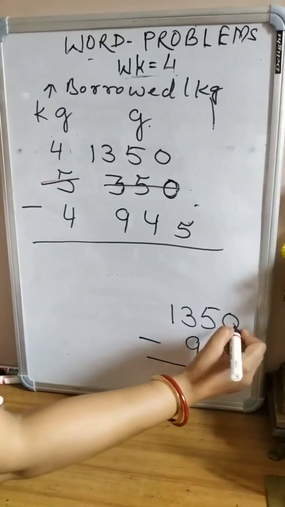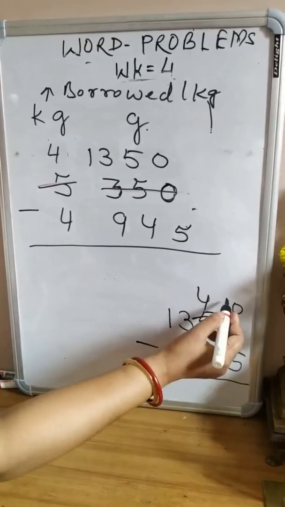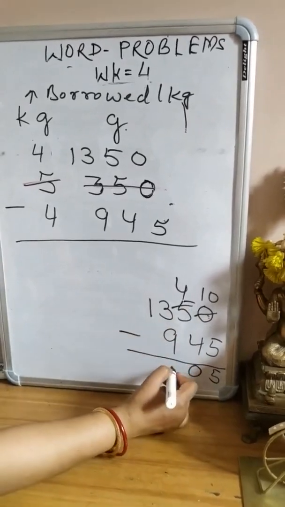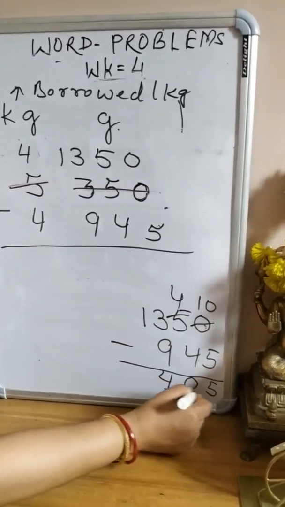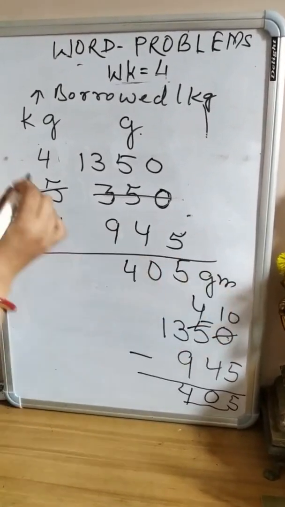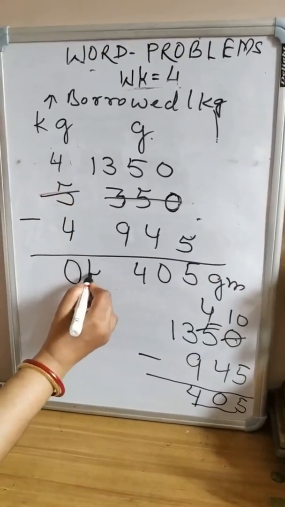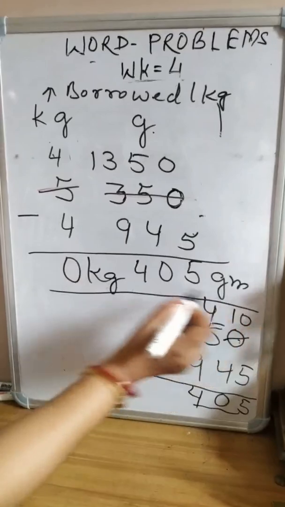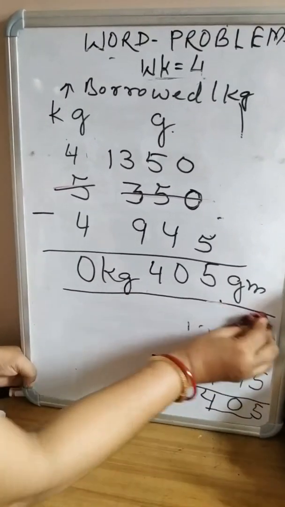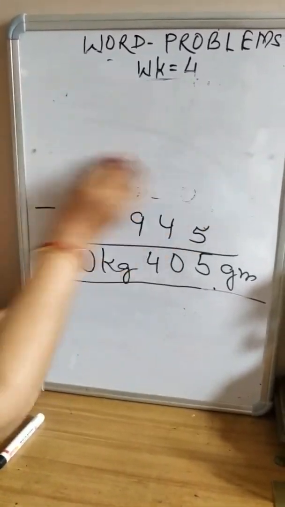So here it is 0. The 0 will become 10, and 5 will reduce to 4. Now 10 minus 5 is 5. 4 minus 4 is 0. 13 minus 9 is what? 4. So it is 405 grams. Right? Now come to the kilogram section. 4 minus 4 is 0 kilogram. So here the difference between the weight of the 2 watermelons is 0 kilogram and 405 gram.